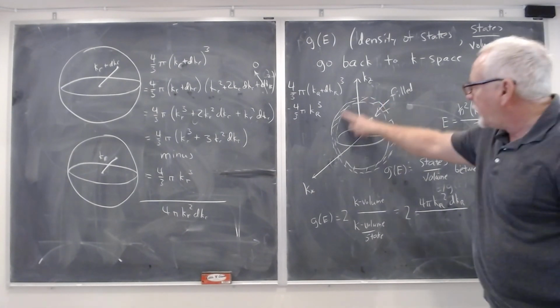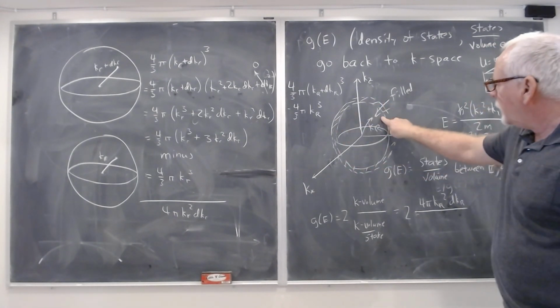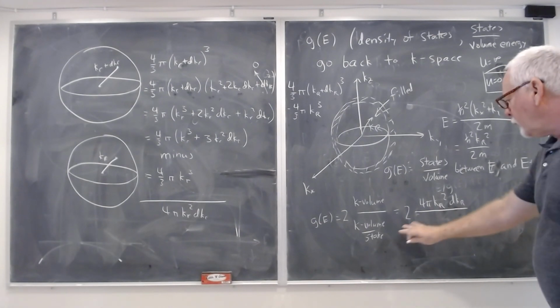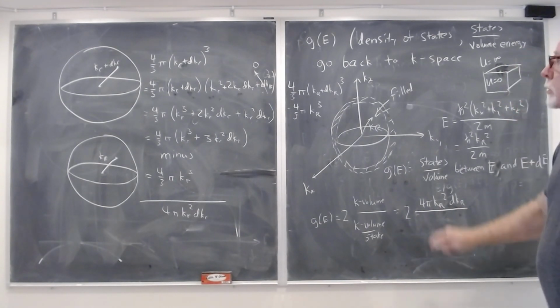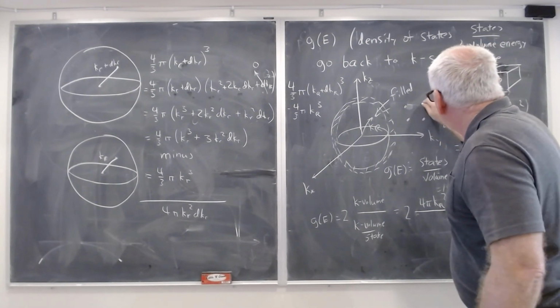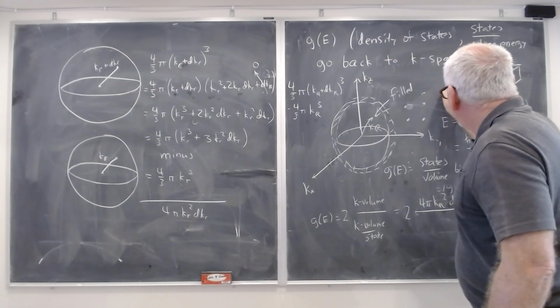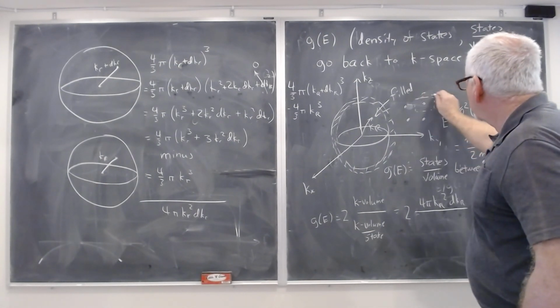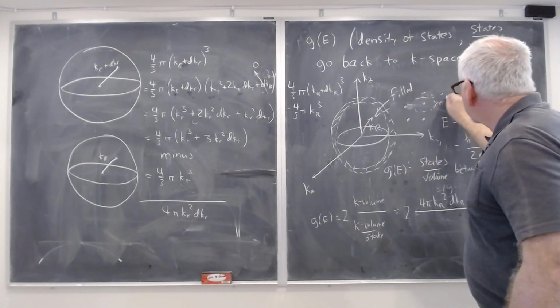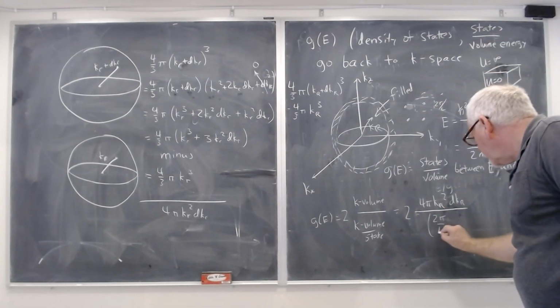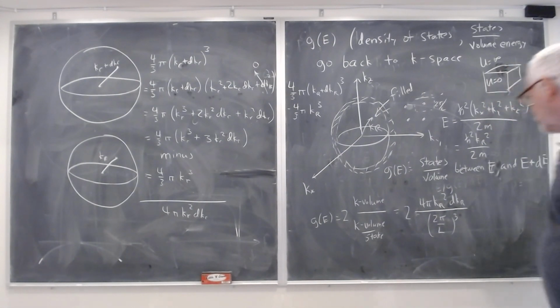That's the number of K states between E and E plus dE. The K volume per state, remember, you get that by drawing a box around each one, which is 2 pi over L on the side. So that's (2 pi over L) cubed.